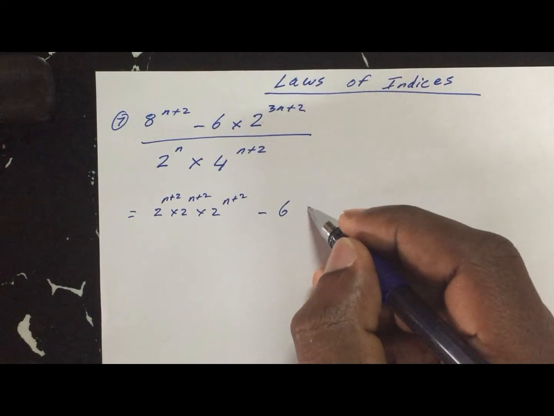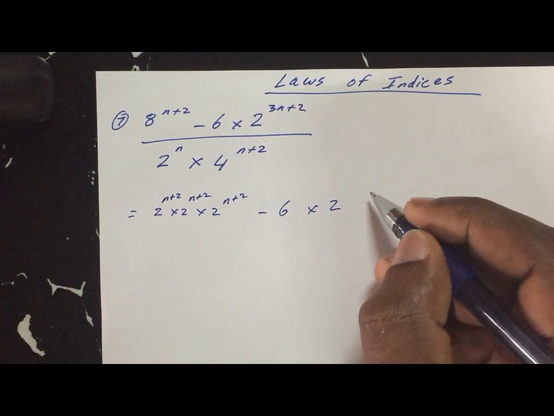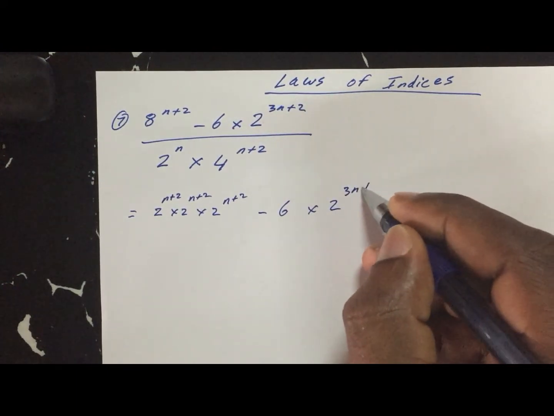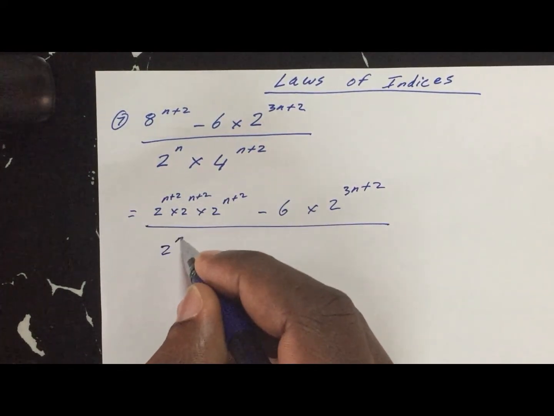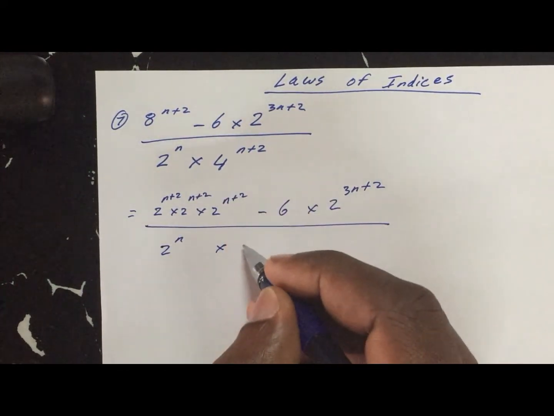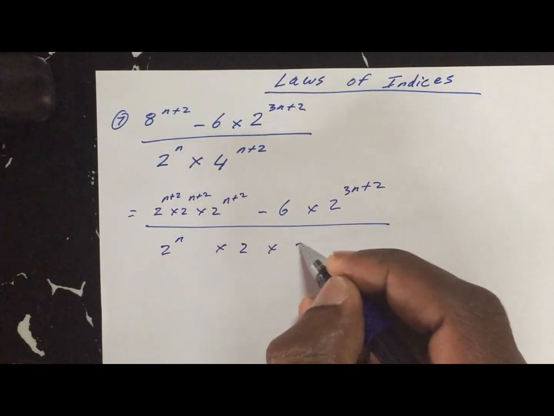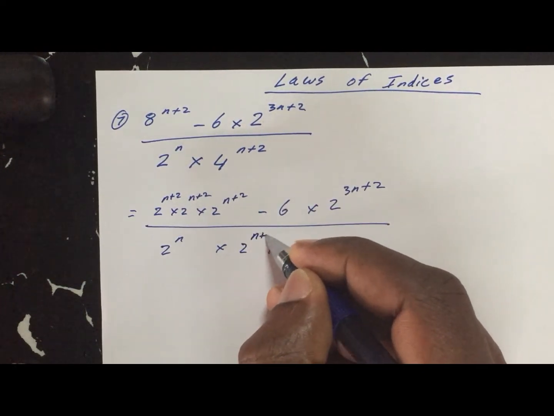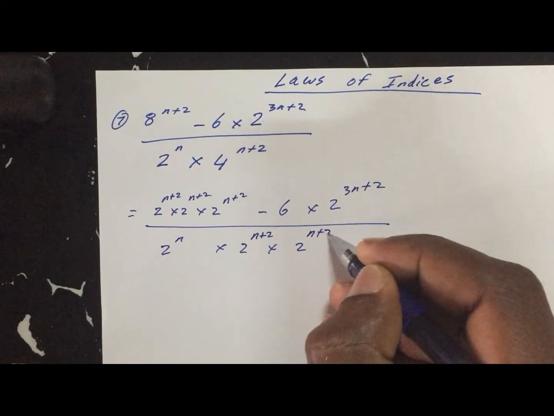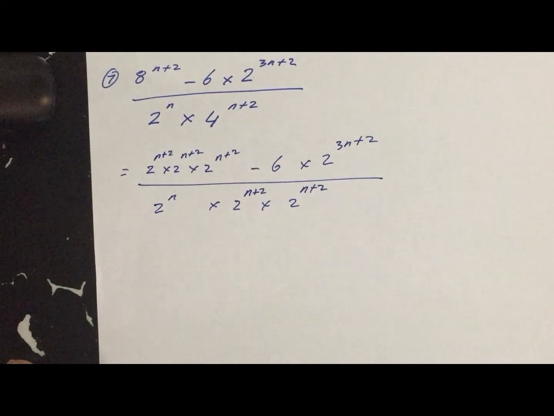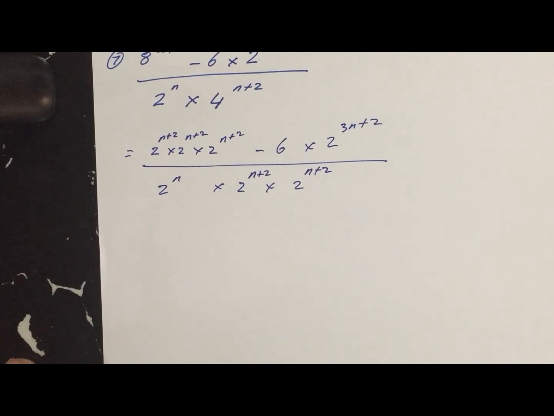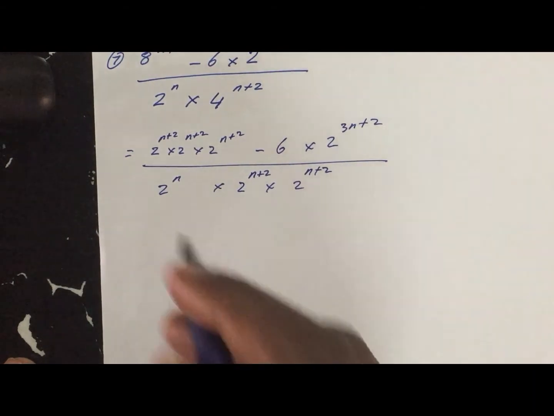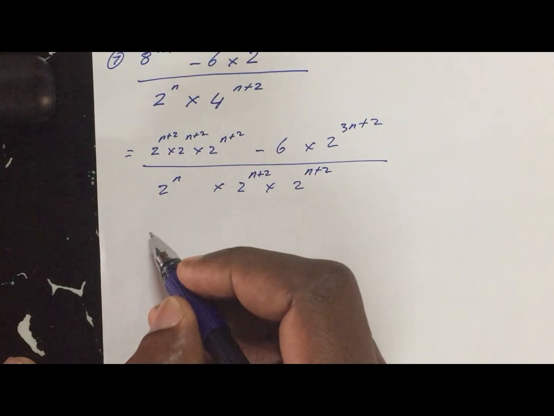Minus our 6 times 2, 3n plus 2. All over 2 to the n, 4, 2 times 2. Write back our power, n plus 2, n plus 2. The next step would be basically to group all the like terms.